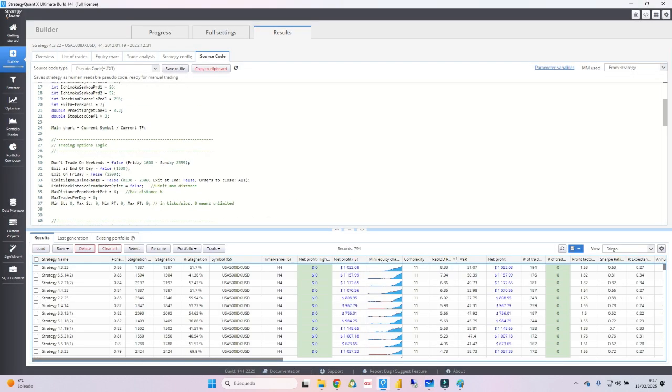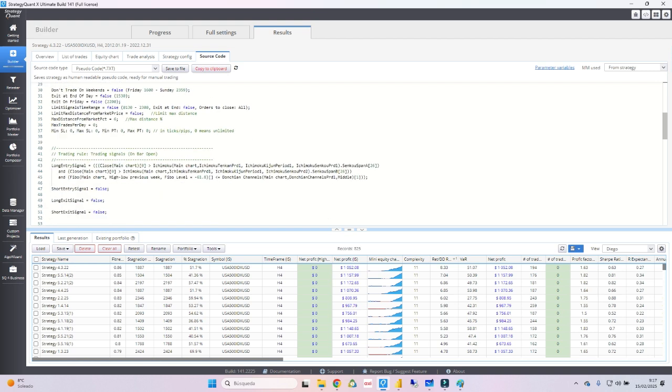If I go to source code, pseudocode, I will see that this is the entry rule. These two rules were the ones that we chose, right? Ichimoku.